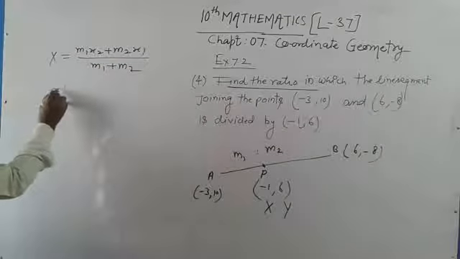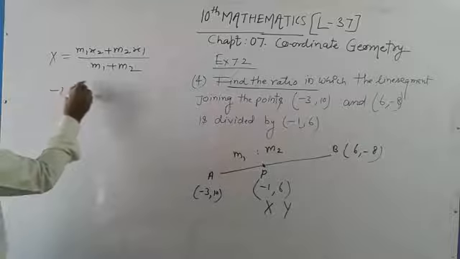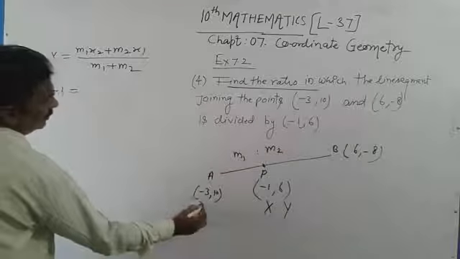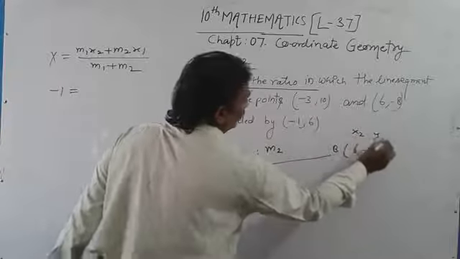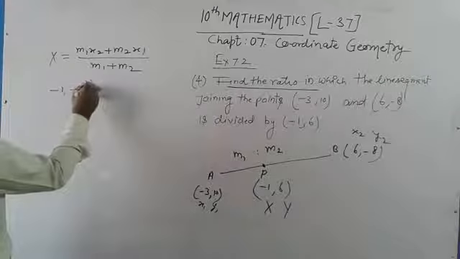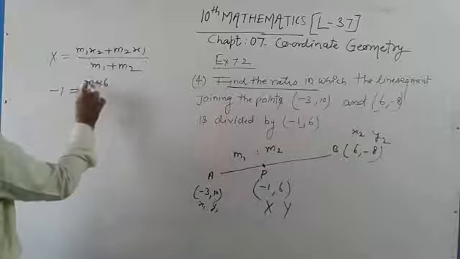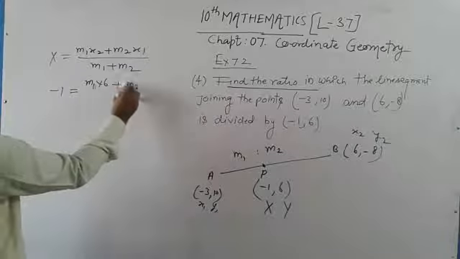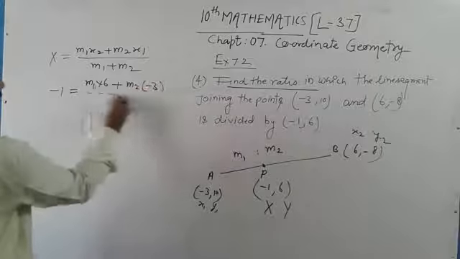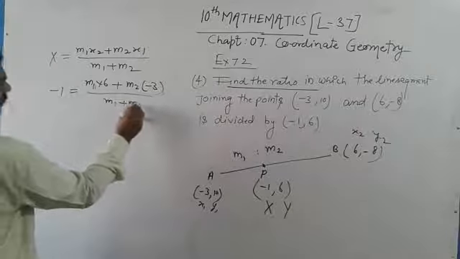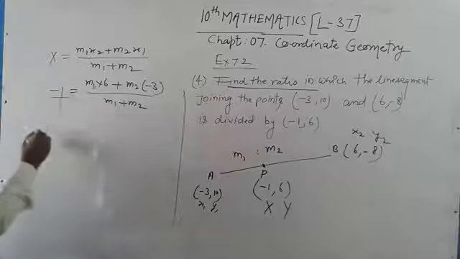Capital X, -1, is equal to m1 into 6 plus m2 into x1, which is -3, upon m1 plus m2. Okay students, now do cross multiplication.